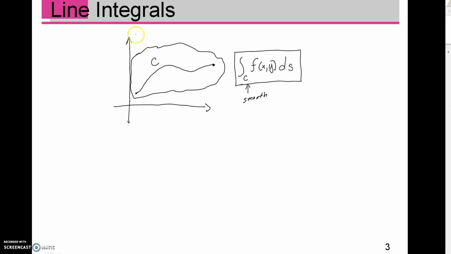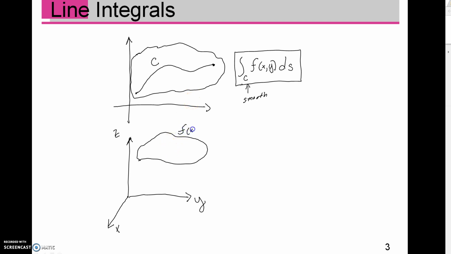And so what we're doing is integrating along that curve. Let's draw a three-dimensional graph. We'll say x here, we've got z, and we have our y. So we have some sort of multivariable function, f of x, y, and in its domain we have C, some sort of curve.